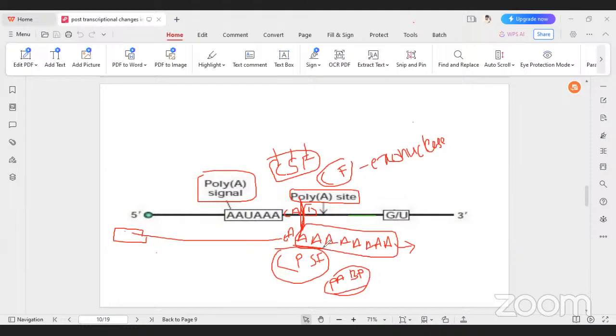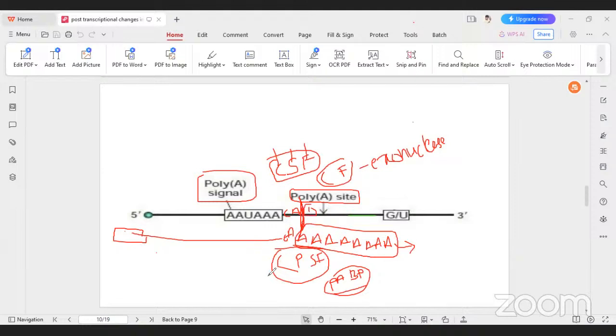The adenines are continuously added, and like this the polyadenine tail is formed. So this is about polyadenine formation.